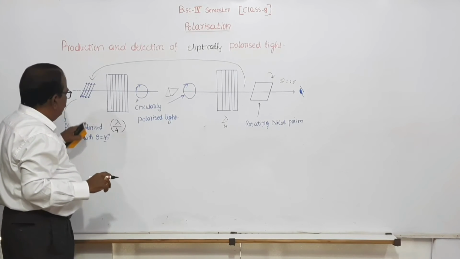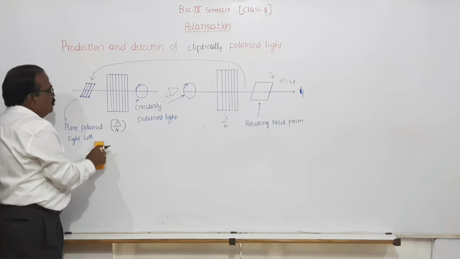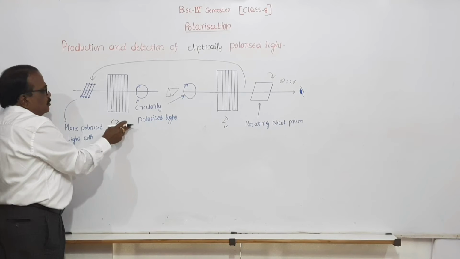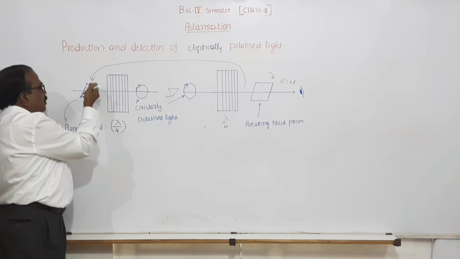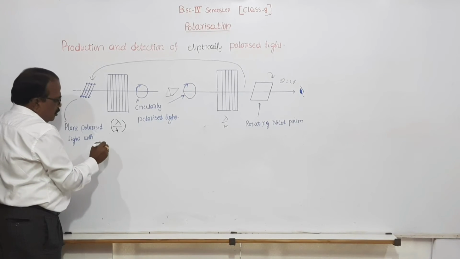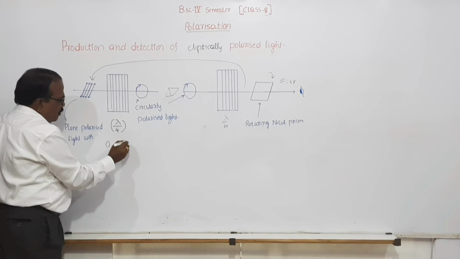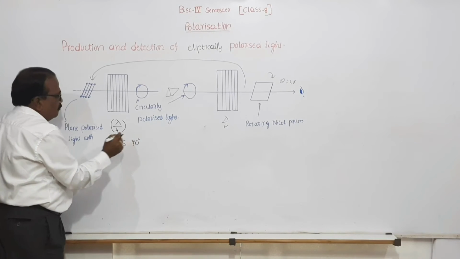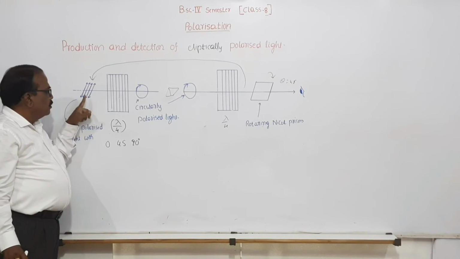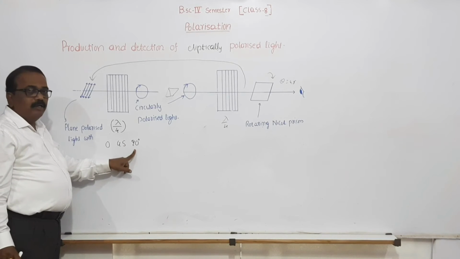When a plane polarized light is allowed to fall on the quarter wave plate such that the plane of vibration makes an angle other than 0, 45 and 90 degree, that means it should not make an angle of 0 degree, 45 degree or 90 degree.